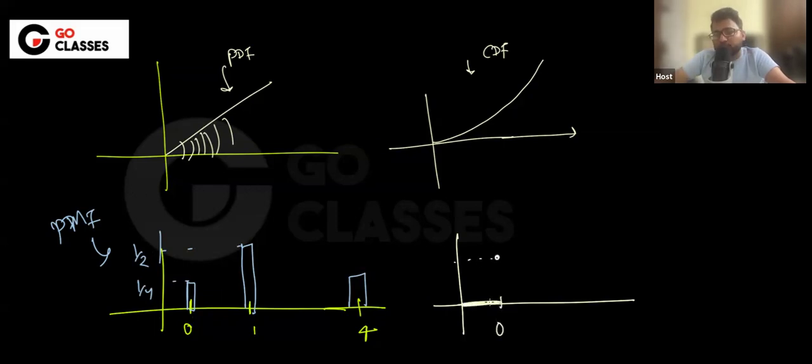Before 0, it is 0. At 0, it is suddenly 1 by 4. Now, if you sum all the bars till 0.5, it is still 1 by 4. And till 1, it is 1 by 4 only. Now, at 1, there is a sudden jump of 3 by 4.